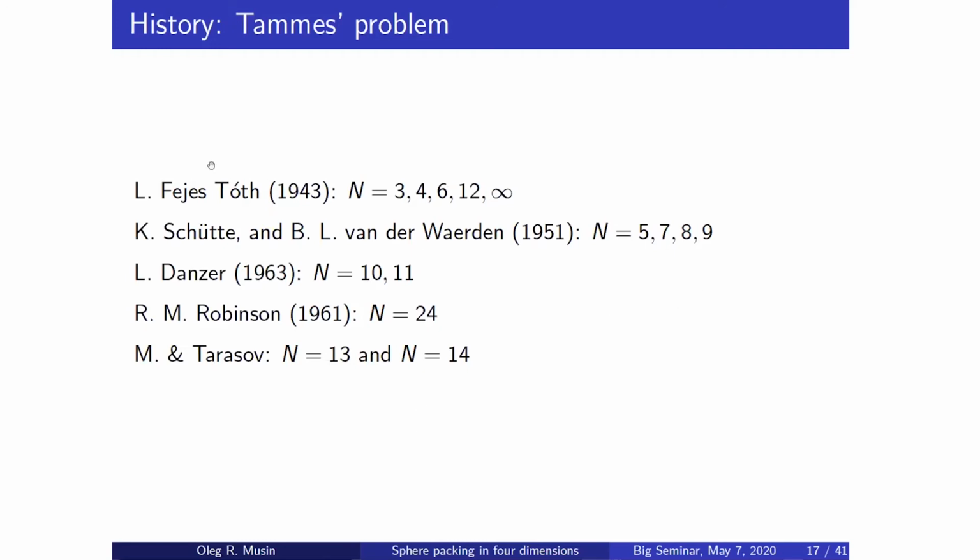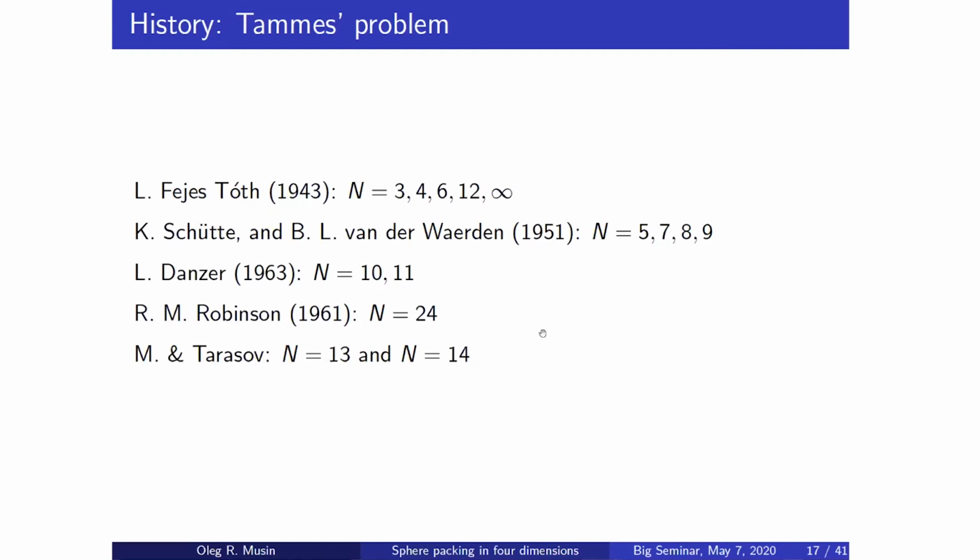Here you can see the solutions people found. Infinity means he also showed that it approaches the optimal density, pi over square root of 12, in the limit. Van der Waerden considered the cases 5, 7, 8, and 9.